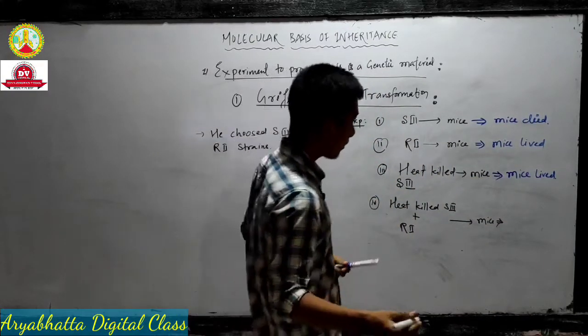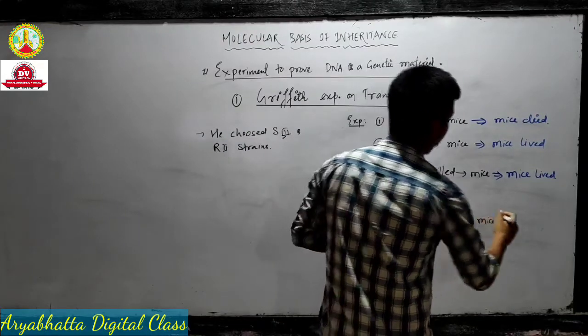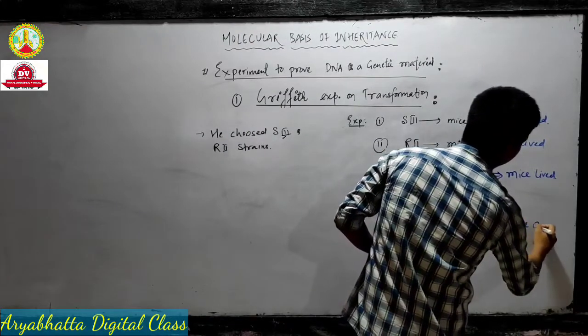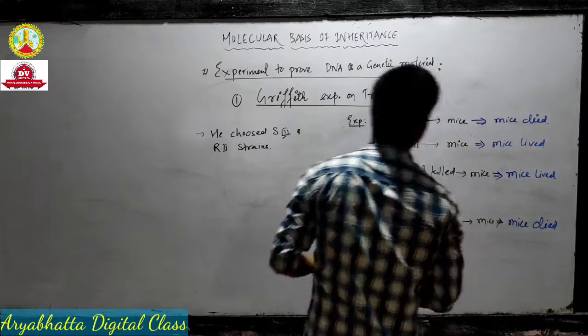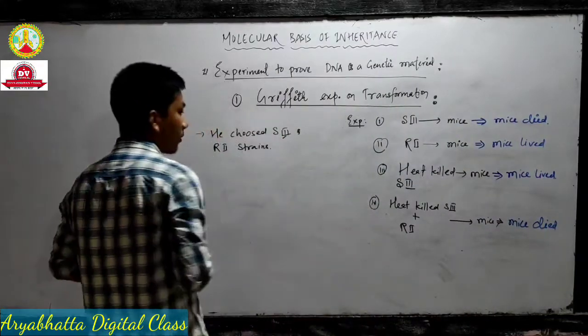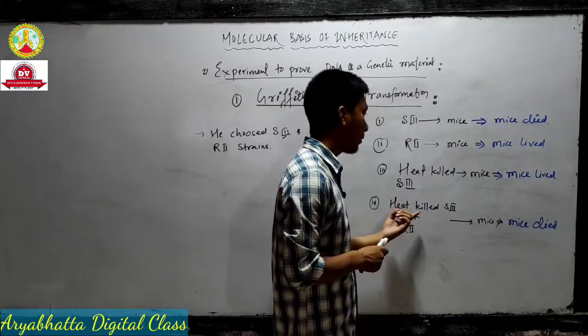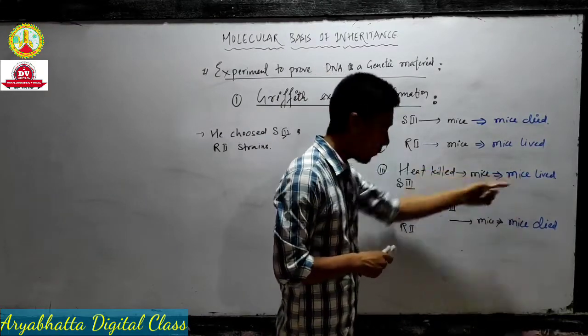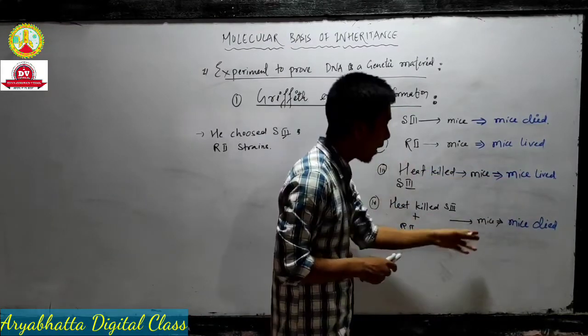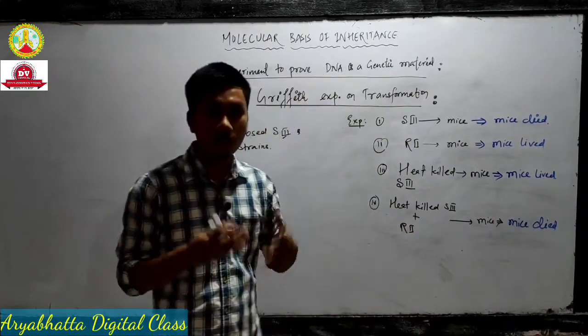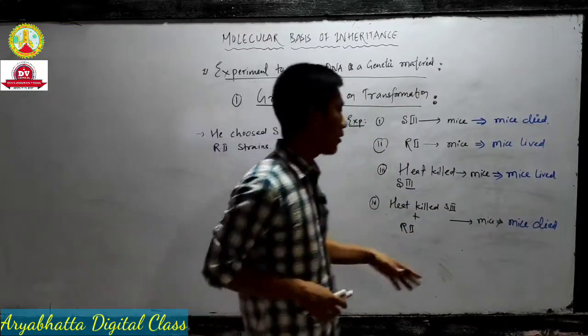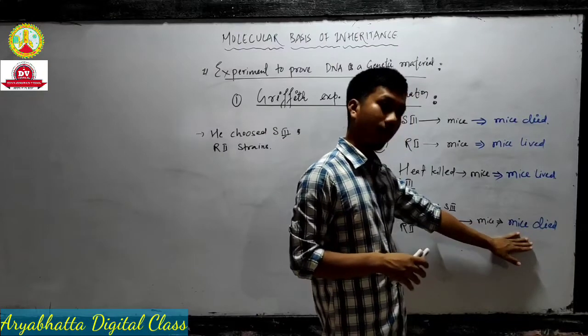But he found out that the mice actually died. Now what result are we supposed to get here? Because it is heat killed, mice should have lived, and R2 is non-virulent, mice should have lived. This is the result we expect, but he found out that the mice died.